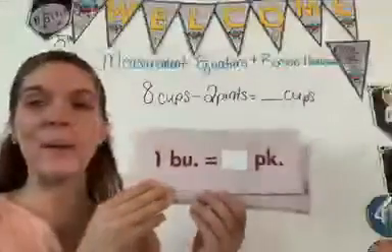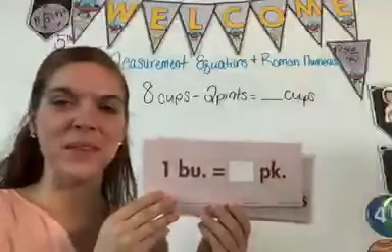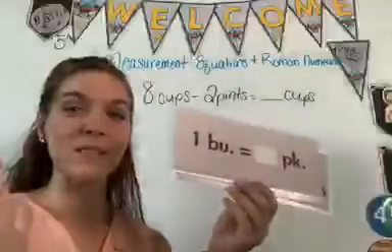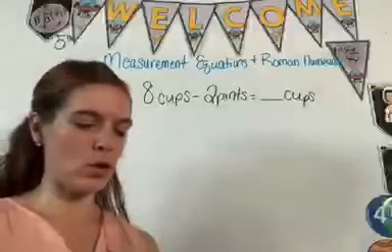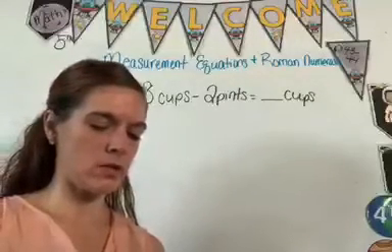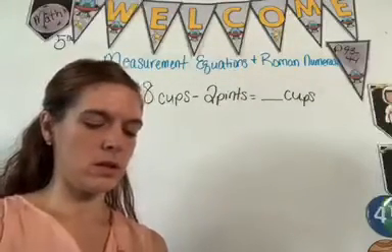1 bushel equals how many pecks, Emiliana? Bushel is the basket, peck is a little bit smaller. It equals 4 pecks. Good. Ooh, look at me showing your answers. Uh-oh. There we go.